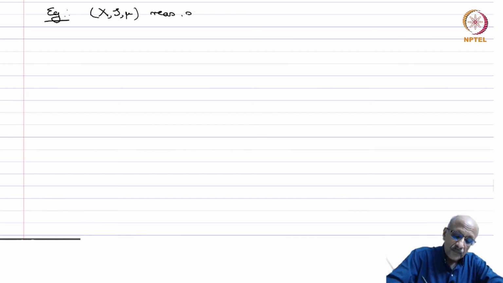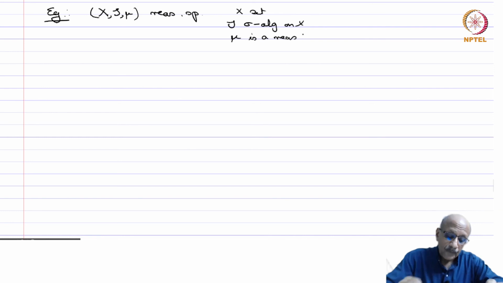That means X is a set, S is a sigma algebra on X and mu is a measure. Okay, and then we have the Lebesgue measure of a function. So now you look at phi from X to V.